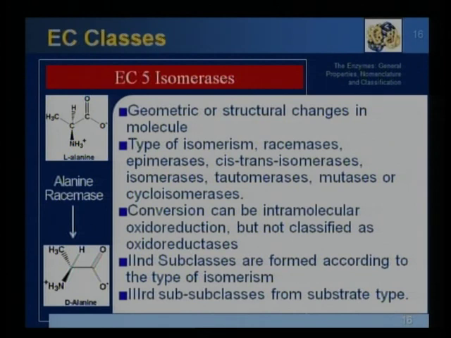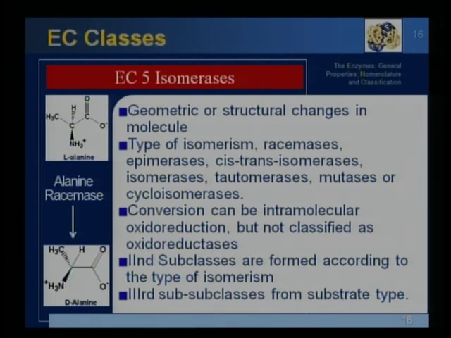Simply, this type of catalytic reaction is known as isomerization, and that could pertain to any kind of geometric or structural changes within the molecule. But the empirical formula doesn't change. That is the main consideration.